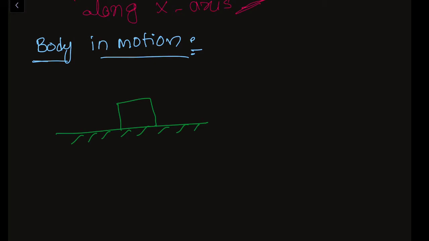We know that weight W equal to mg downward, and normal force. Here we need to take applied force, and here friction force is there. Now the body is moving in the positive x direction. Got it, children?